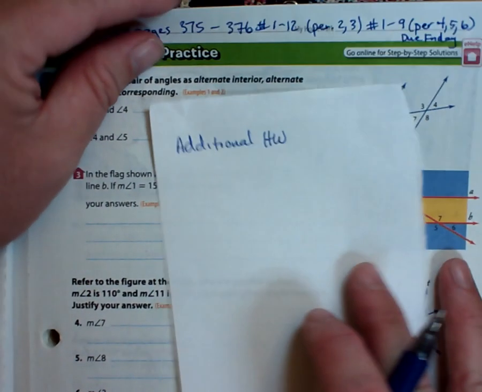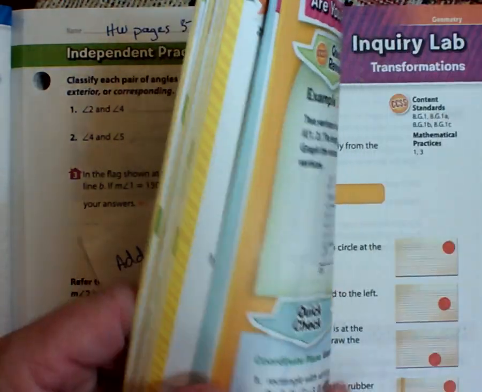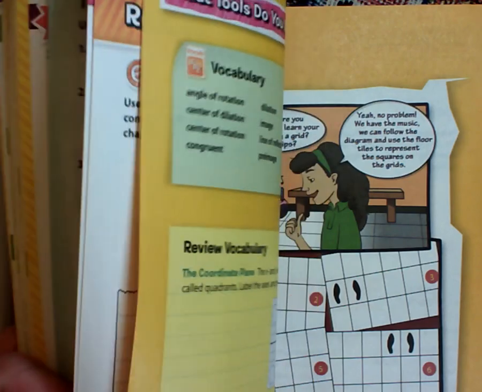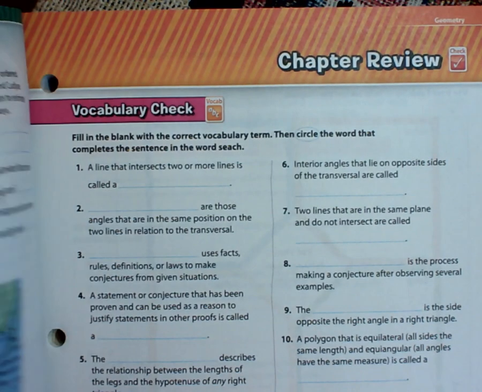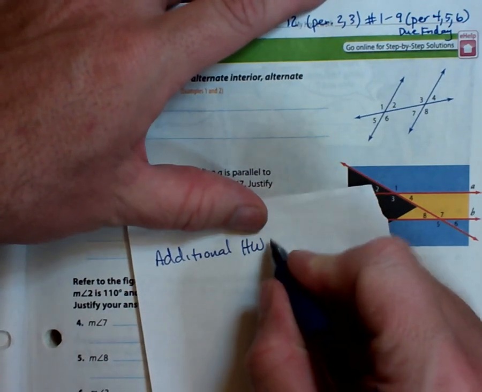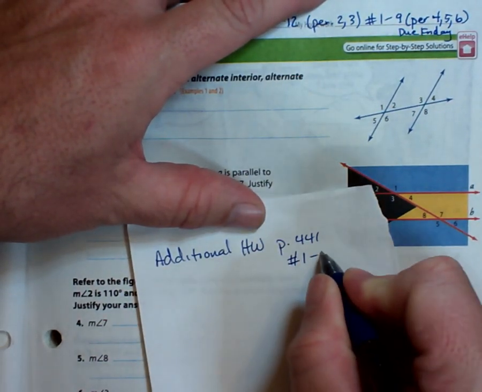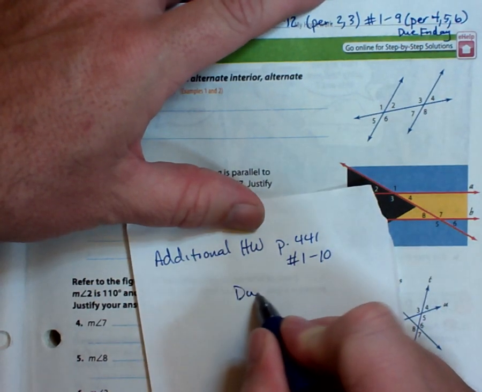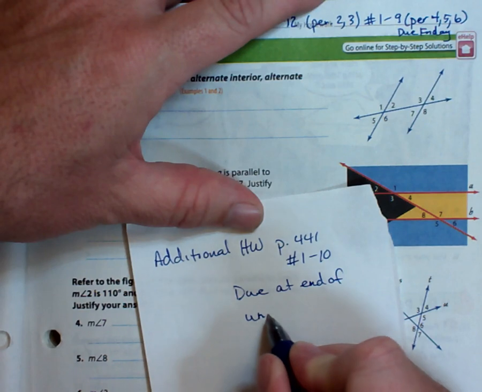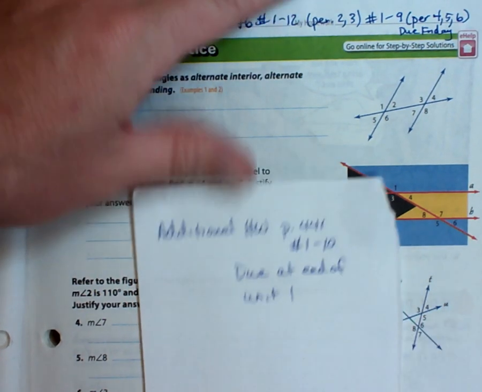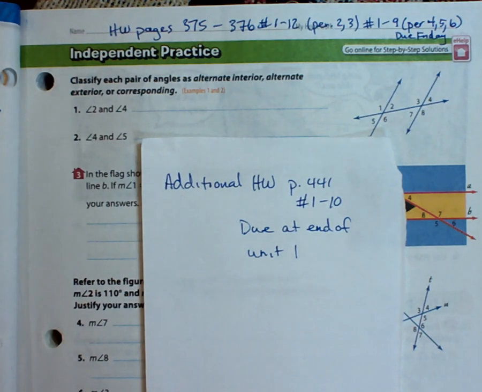Now I've lost the page. Page 441, number 1 through 10. You do at the end of unit, which will be the week after this, the week after you've watched this video.